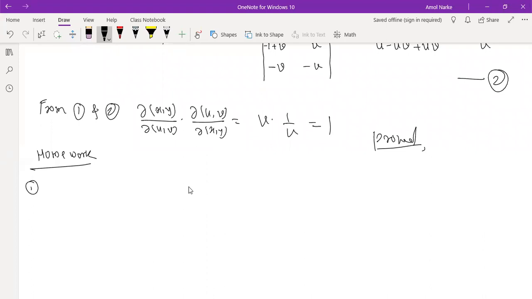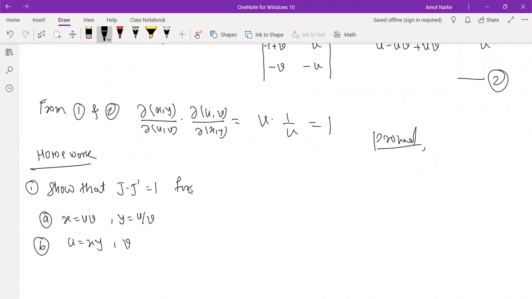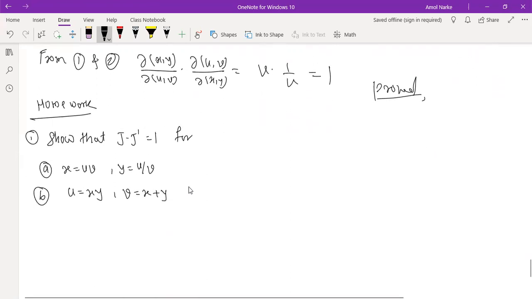So here, show that J into J dash is equal to 1. For number 1 a, x is equal to uv and y is equal to u divided by v, and b, u is equal to xy and v is equal to x plus y. Okay, that is the first example, a simple one.